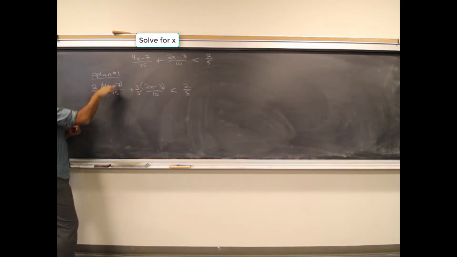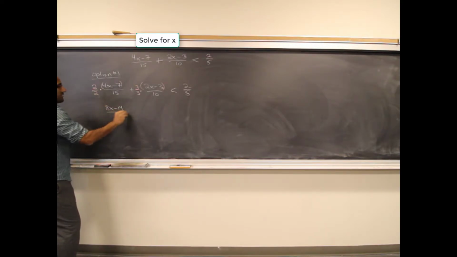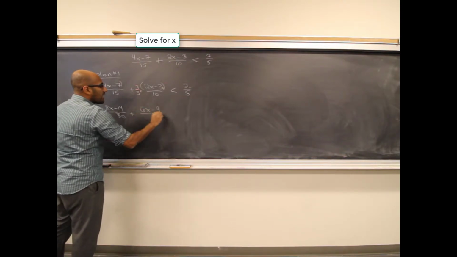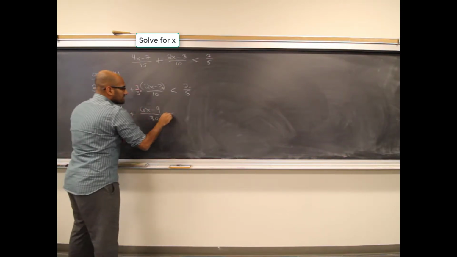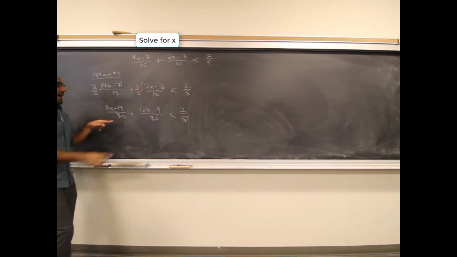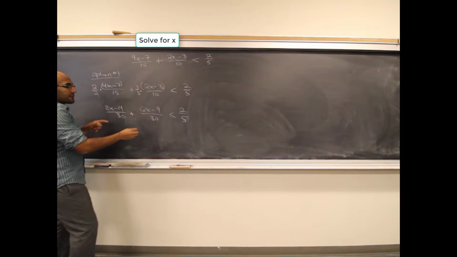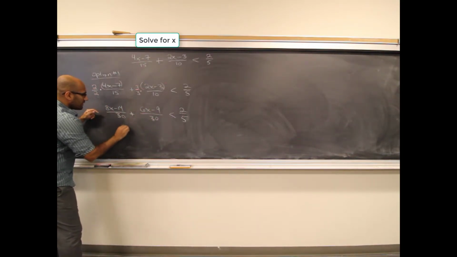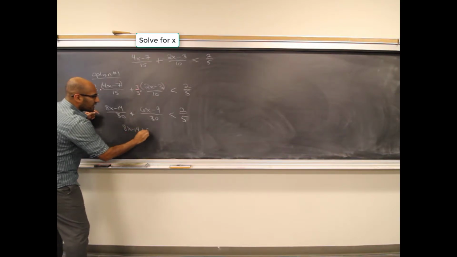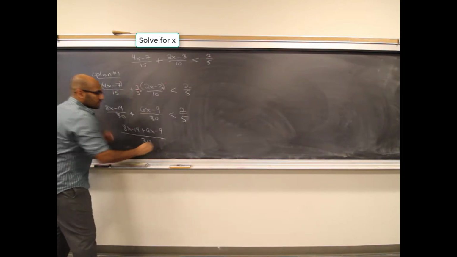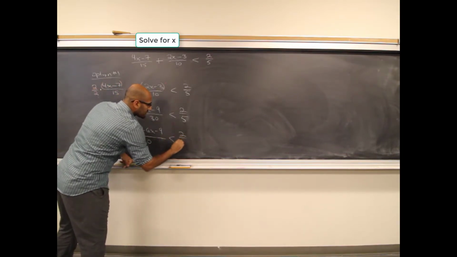In the numerator, I'm going to have to distribute, so I'll end up with (8x minus 14) all over 30 plus (6x minus 9) all over 30 is less than 2/5. And now that we have two fractions with the same denominator of 30, now I can combine them. One big happy fraction. (8x minus 14 plus 6x minus 9) all over 30 less than 2/5.